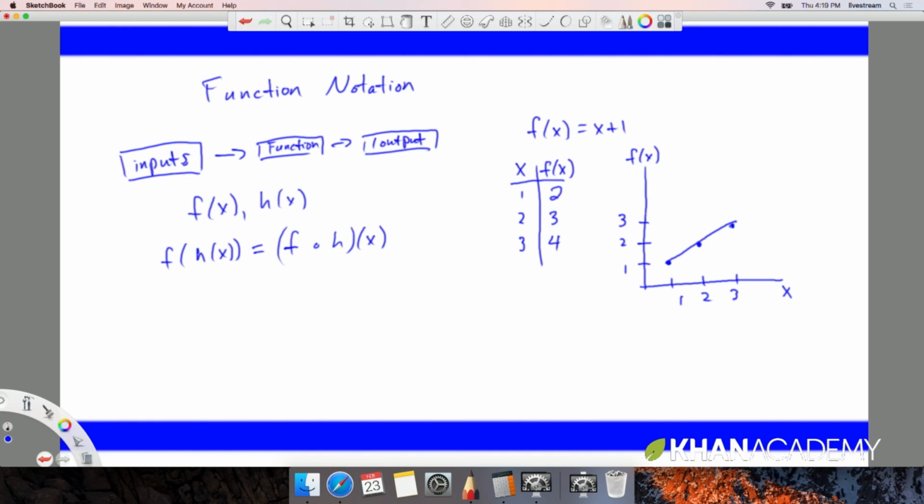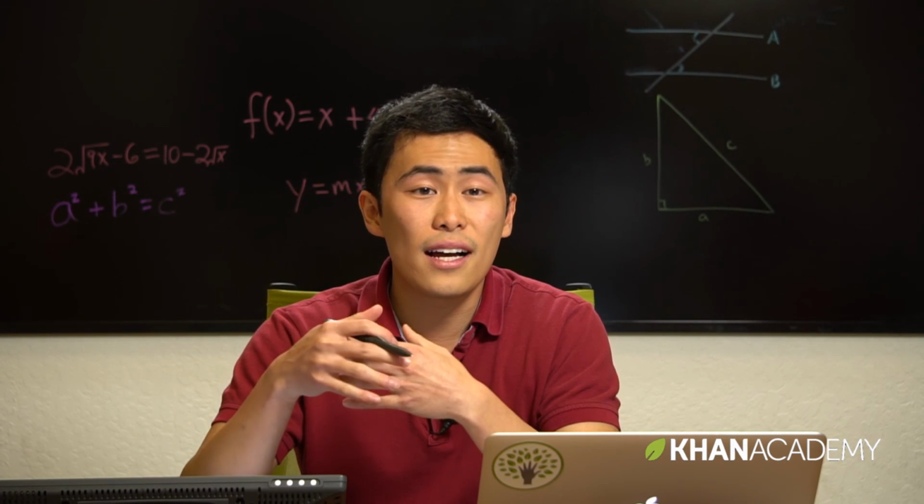And so with a chart like this, you can really trace on the x-axis and then go up and see what the corresponding y value or f of x value is at that value of x.